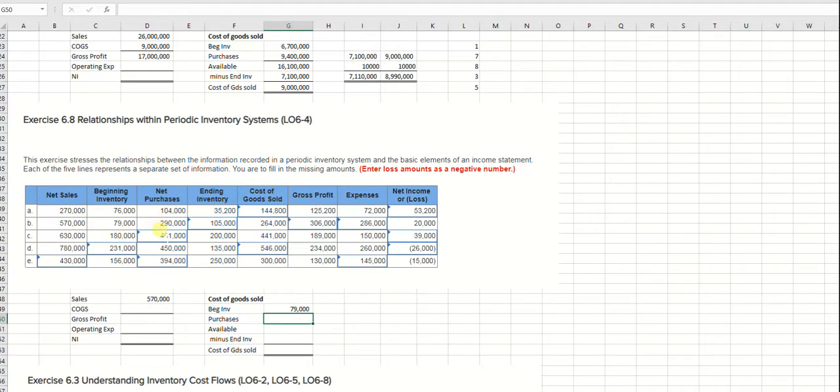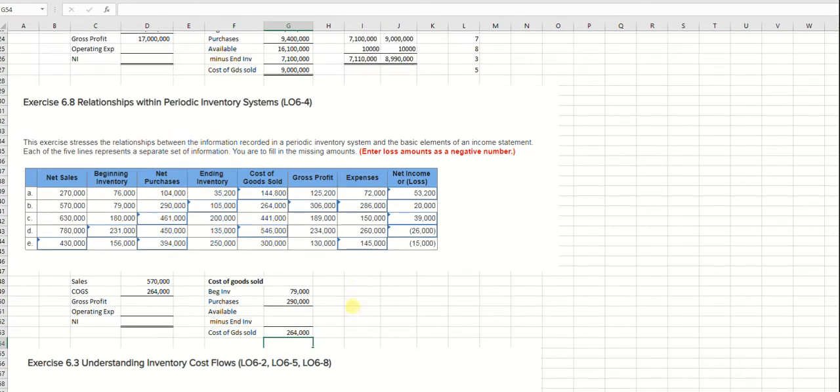My net purchases are 290,000. I'm not given ending inventory. I am given cost of goods sold. So this is the same cost of goods sold. I'm not given gross profit. I'm not given expenses, but I am given net income.